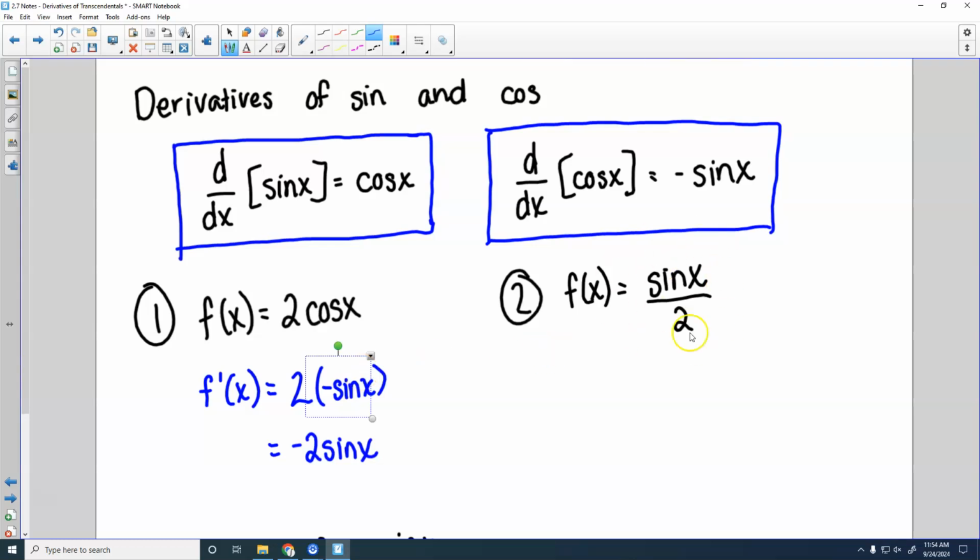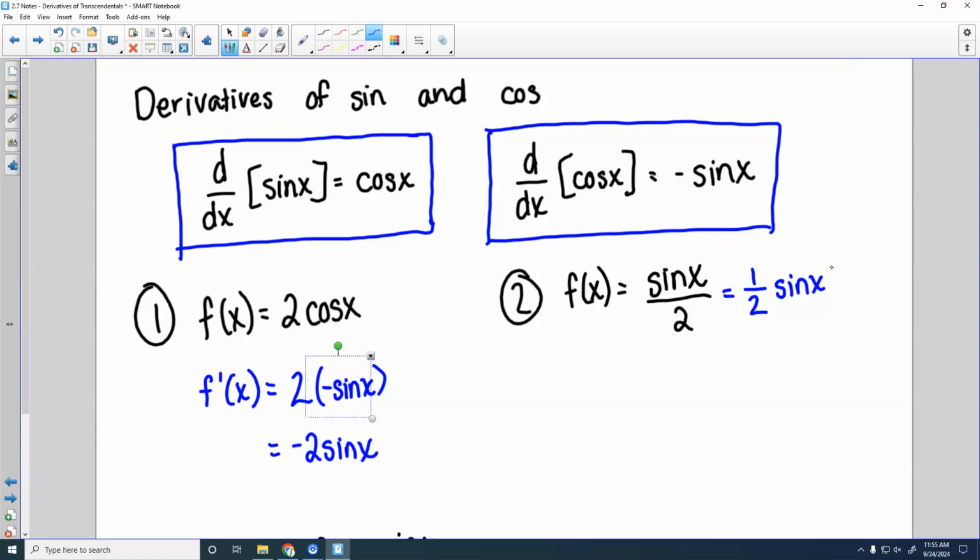Then we look at number 2. We've got f of x equals sine x over 2. This looks a little bit different, but it's really just a coefficient as well, because I could write it this way, 1/2 times sine x. Those two things would still be equivalent to each other.